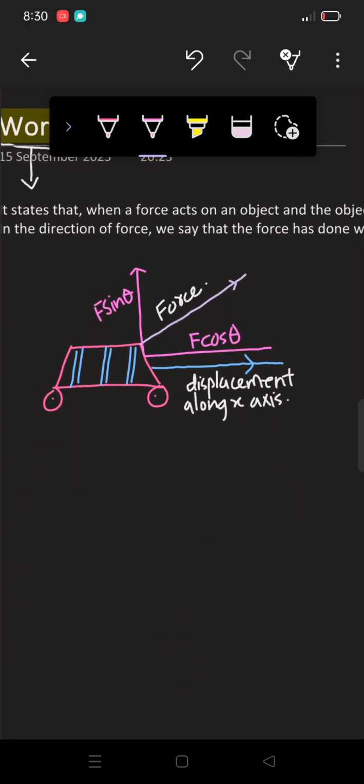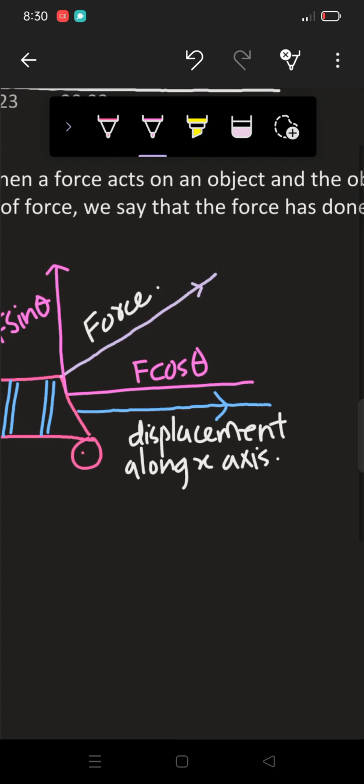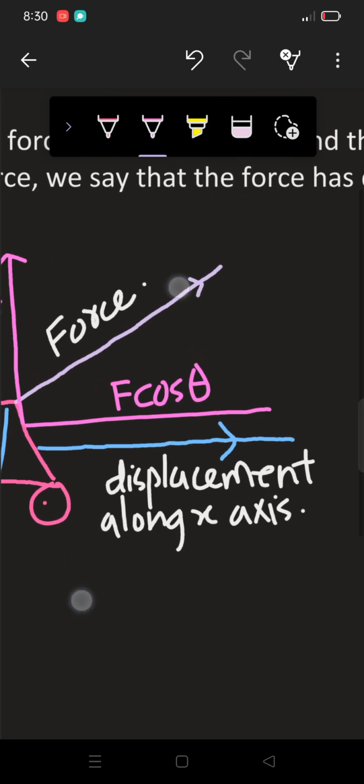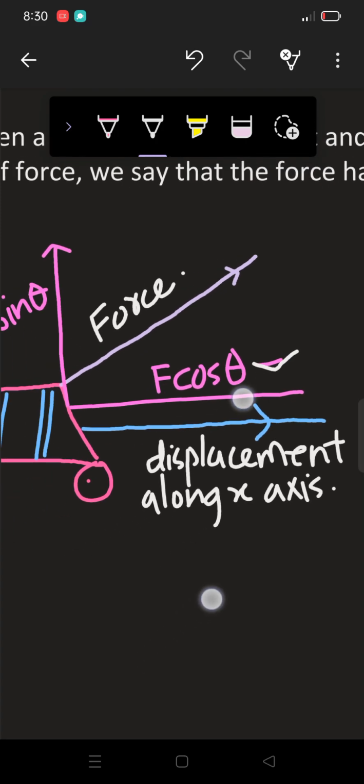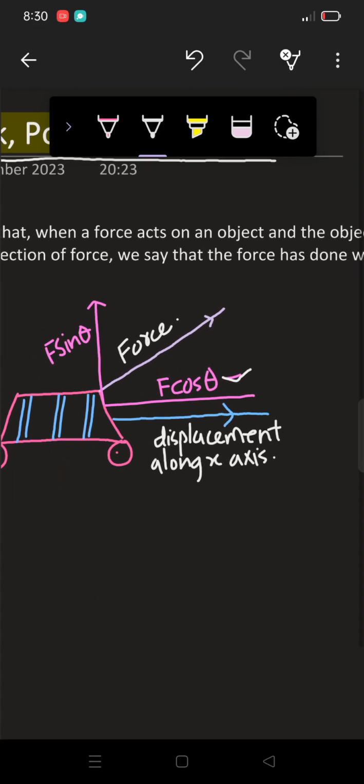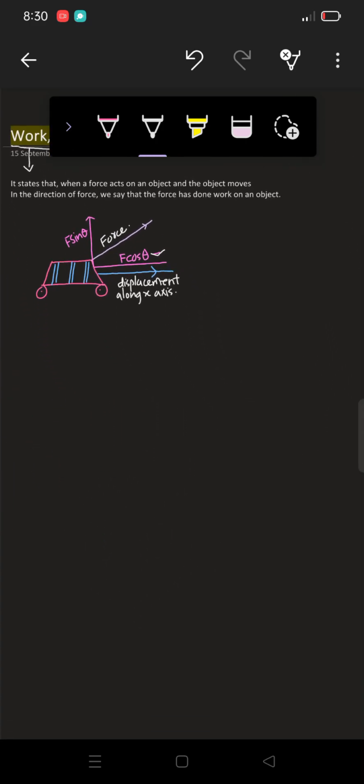So I need to take the component which is responsible for this displacement, and I know which component of force is responsible for covering the displacement. Of course, the component is f cos theta. So I need to take this f cos theta, because this is responsible to displace this particular object.